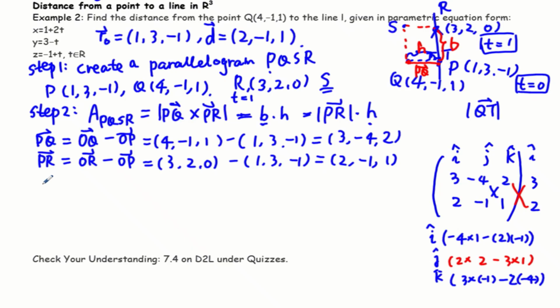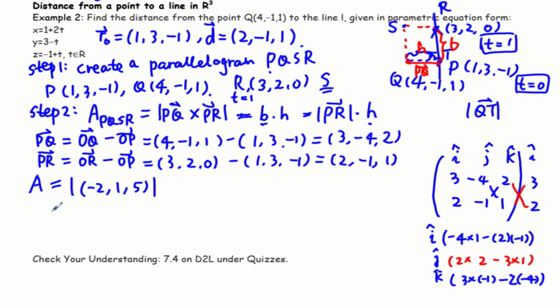So we are going to have the area equals the magnitude of this: -4 minus -2 is +2, so it's -2. 4 minus 3 is 1. And 3 times -1 plus 8 is 5.